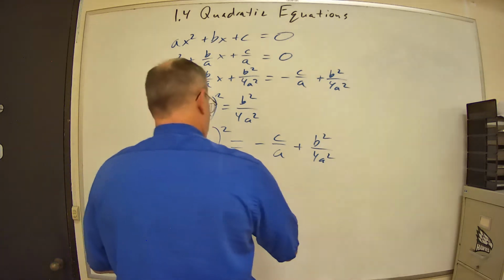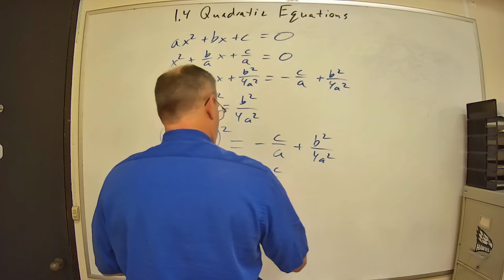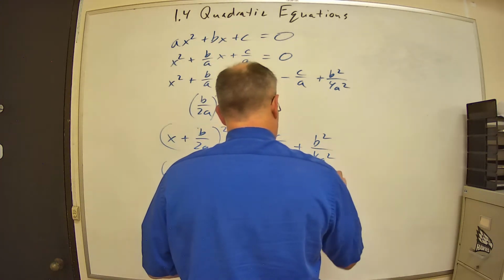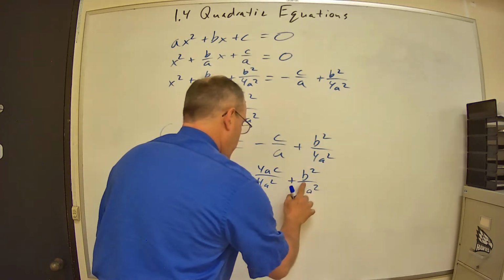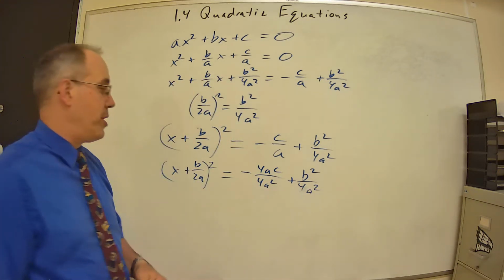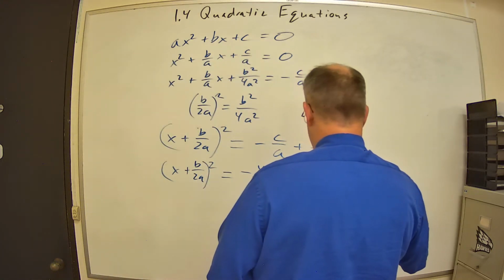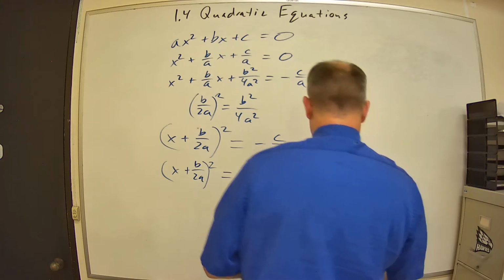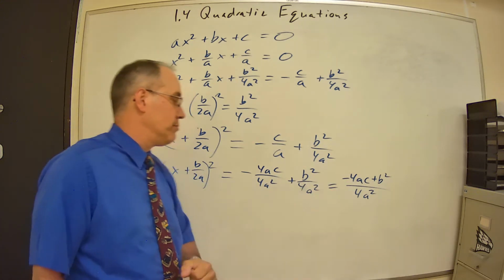So I'm going to have negative 4ac over 4a squared plus b squared over 4a squared. That's a 4, not a b. Now that I have the common denominator, I can rewrite that as negative 4ac plus b squared over 4a squared. Okay, so I just added them together now.